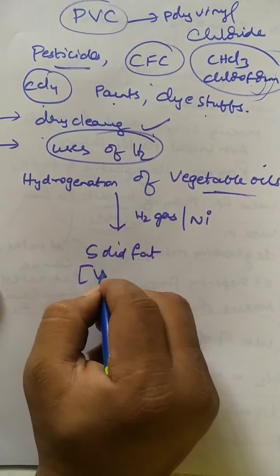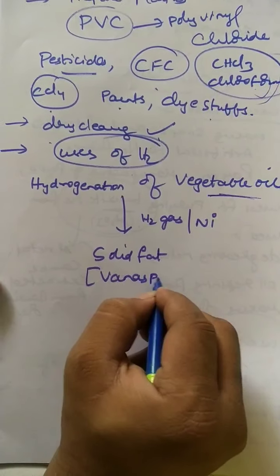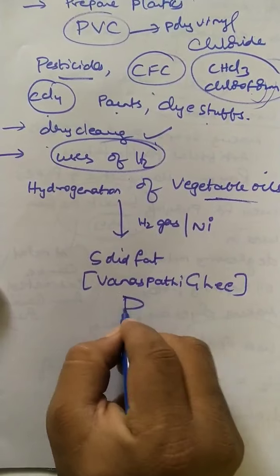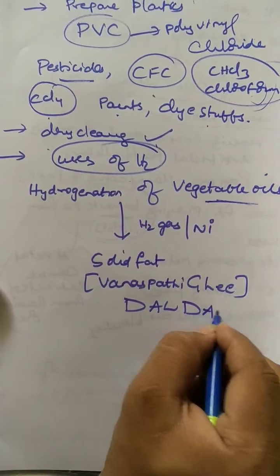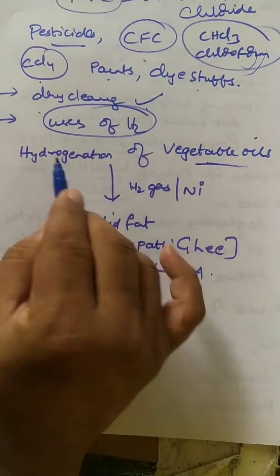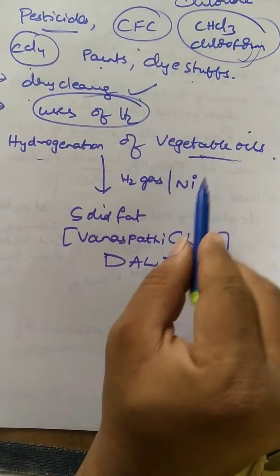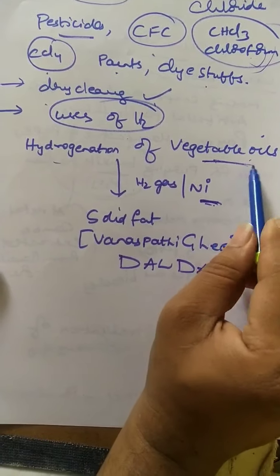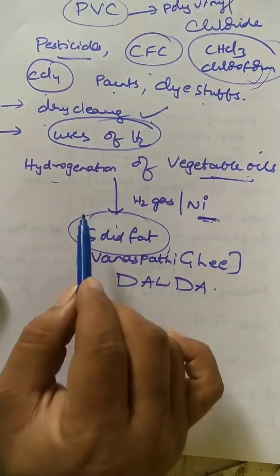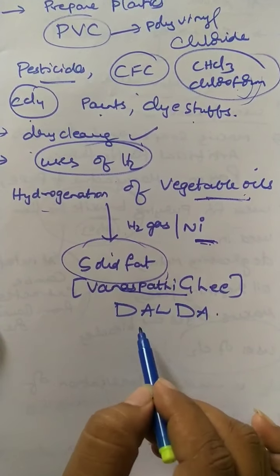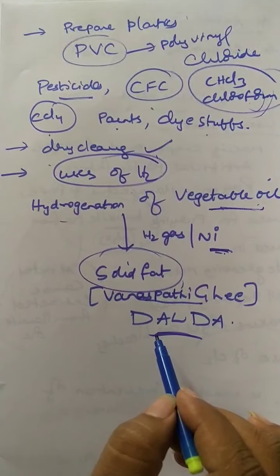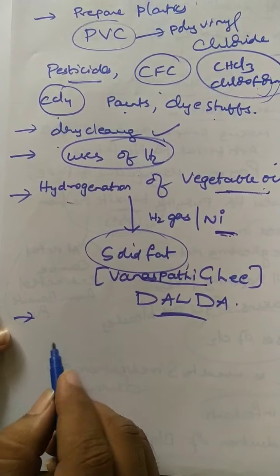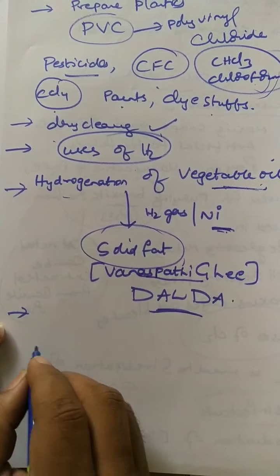We call it vanaspati ghee, in other words dalda. You already know that in households for preparing sweets we use this dalda. That is nothing but vegetable ghee.